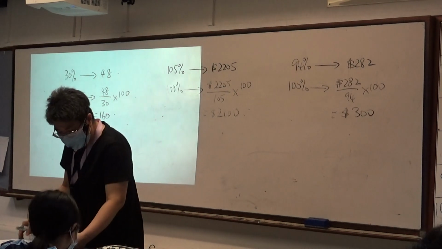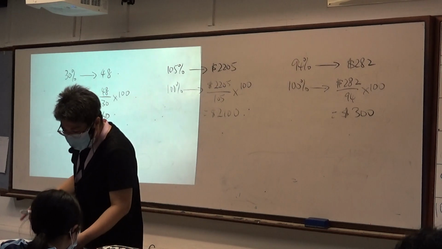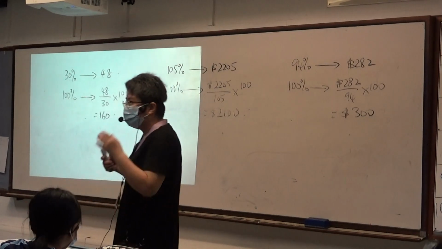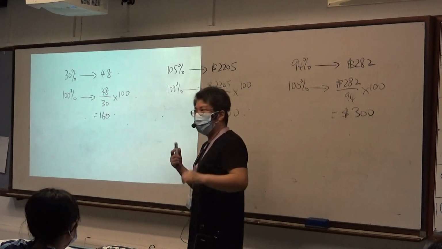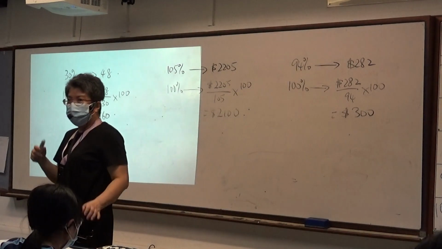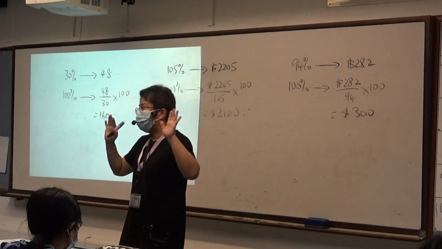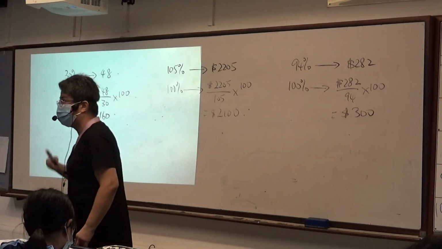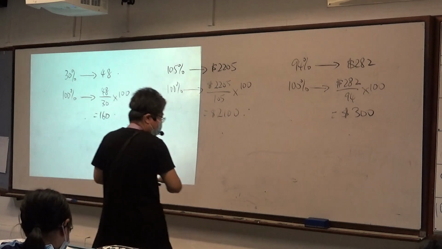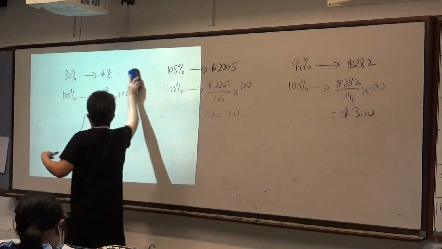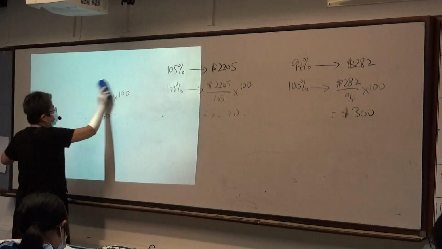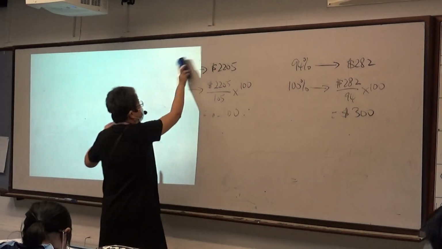Okay, good. Now, I'm going to give you some work on the notebook as well as some work on the foolscap paper. Okay, the notebook one, you have to do it yourself. The foolscap paper one, I will guide you through. Alright? Okay, let's start with the notebook one first.